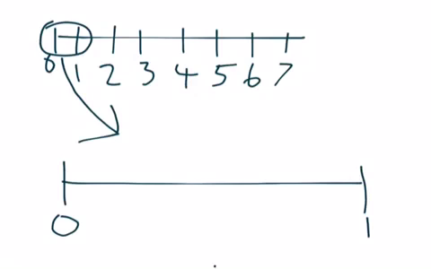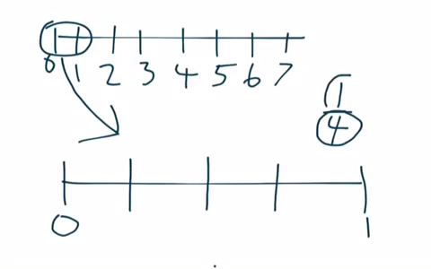And let's say we're trying to find the fraction 1/4. Since the denominator is 4, each piece or section is going to be 1/4, a fourth the size. So we have to cut this into 4 pieces, and the numerator tells us which piece we're finding, and this is the first piece.